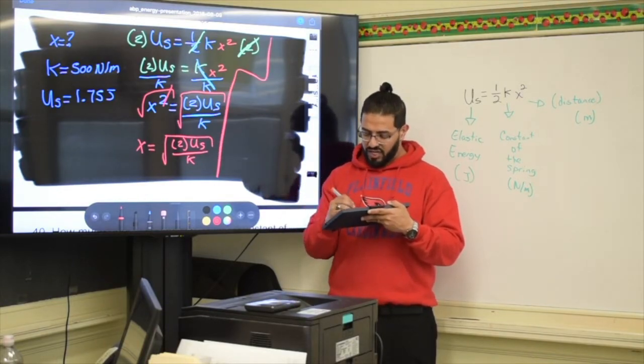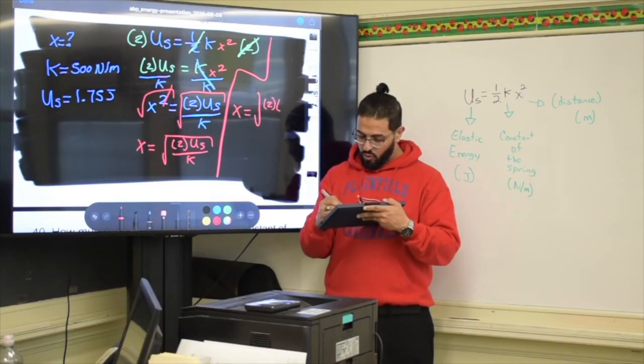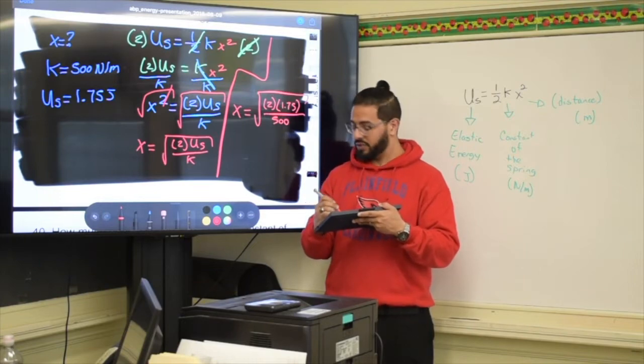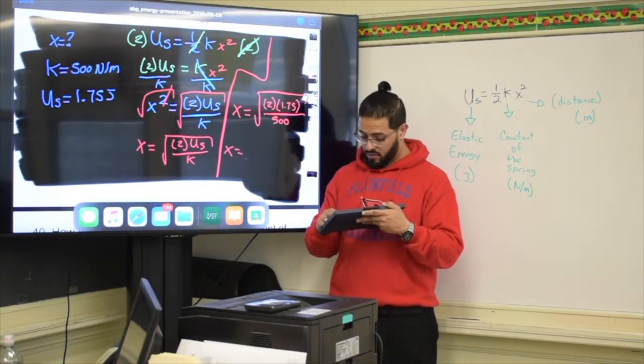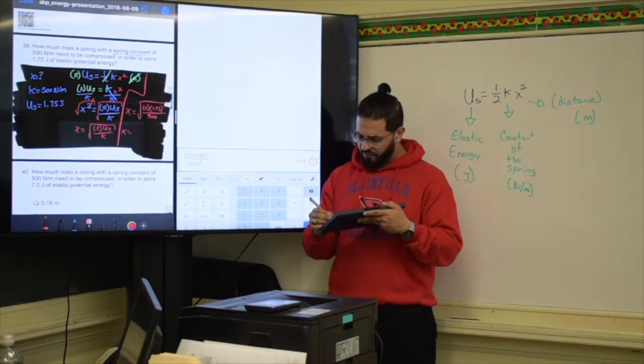And now we can change letters to numbers using that. The square root of 2 multiplied by 1.75 and divided by 500. And now we can use the calculator. And be careful here.